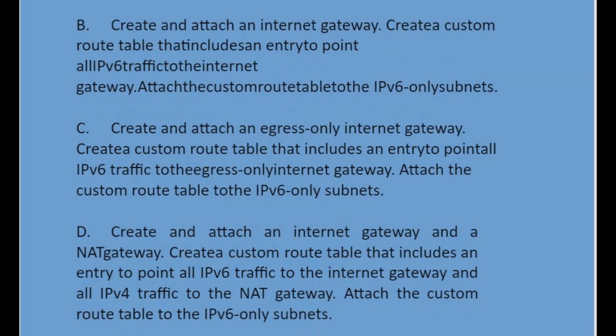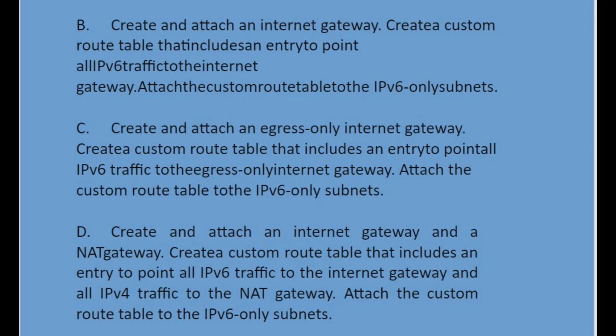Option C. Create and attach an egress only internet gateway. Create a custom route table that includes an entry to point all IPv6 traffic to the egress only internet gateway. Attach the custom route table to the IPv6 only subnets. Option D. Create and attach an internet gateway and a NAT gateway.